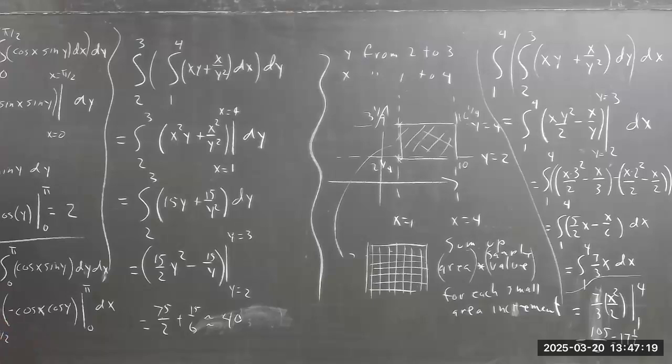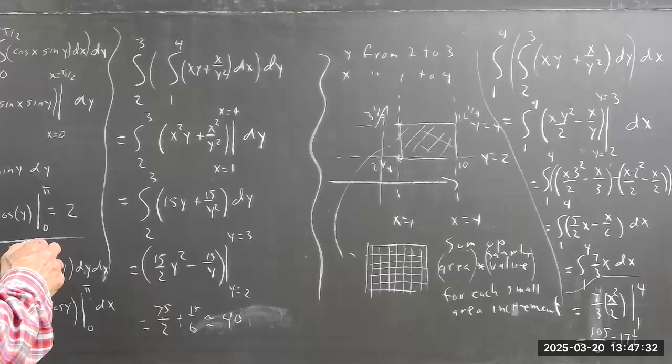integral 0 to pi over 2, then of what? Okay. Again, if y is pi, cosine of y is negative 1, and the negative of that is 1.